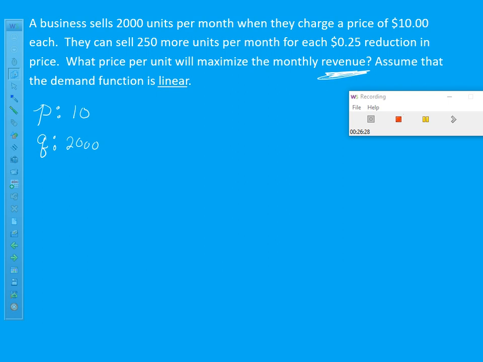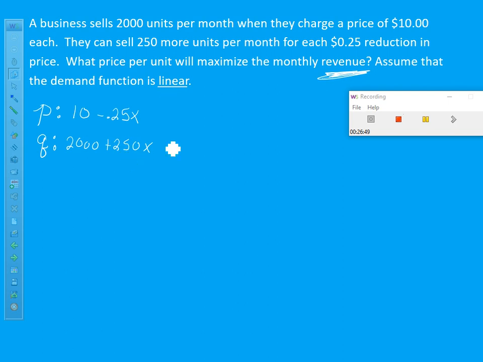I'm looking at lowering the price a quarter. So every time I lower the price by a quarter, I sell 250 more units. So in this case, my x represents the number of times I'm going to lower the price, which means that's the number of times I'm going to increase my sales.